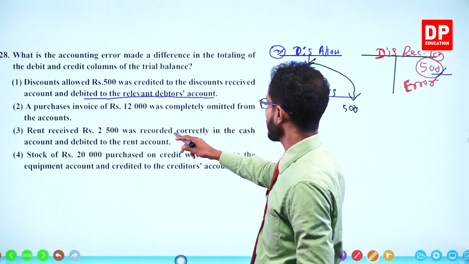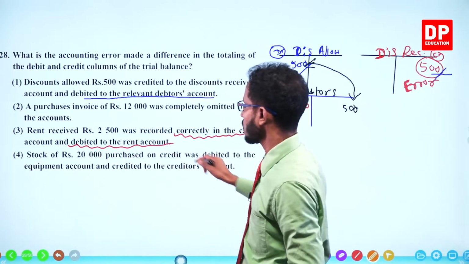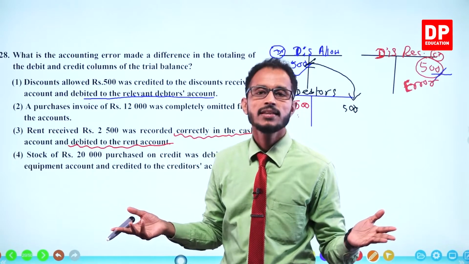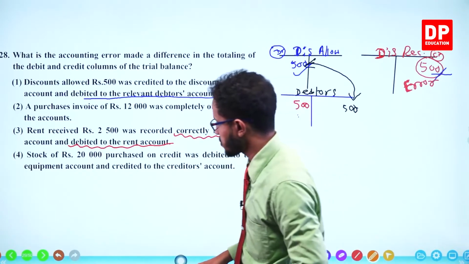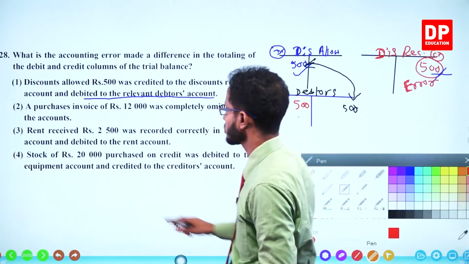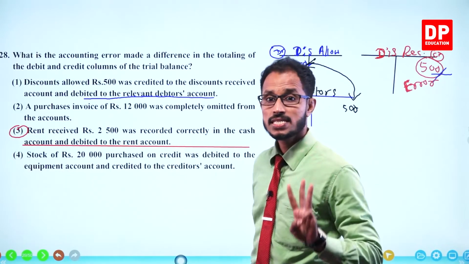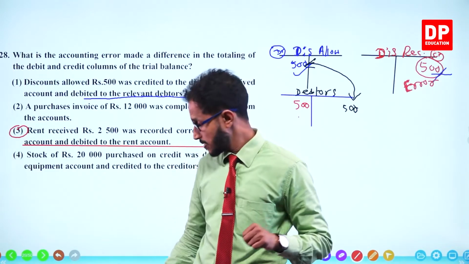It was correctly recorded in the cash book, but again debited to the rent account. Both debited. That will create a difference. This is your answer, the 28th question, third answer.